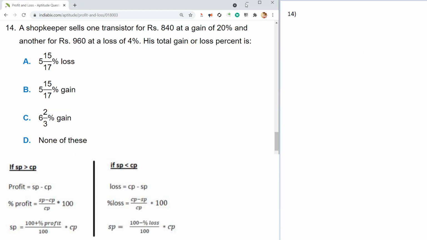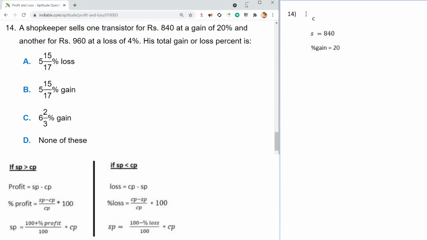Now let's see problem number 14. A shopkeeper sells one transistor for 840 at a gain of 20% and another for 960 at a loss of 4%. His total gain or loss percent is how much? For the first transistor, let's assume the cost price is C, the selling price is 840, and the gain percent is 20.